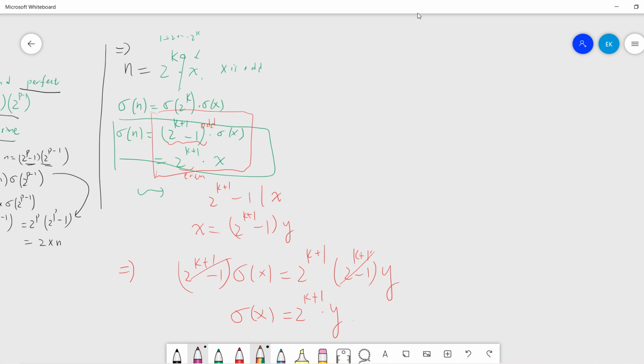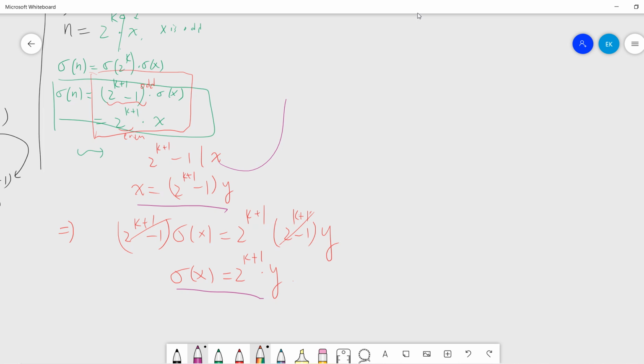Okay, so you see we have these two, and here comes the point: suppose y is larger than 1. Then x equals 2 to the k plus 1 minus 1 times y. So you see that y divides x, and 2 to the k plus 1 minus 1 also divides x, and 2 to the k plus 1 minus 1 times y divides x.